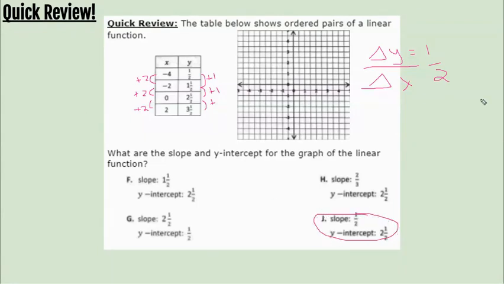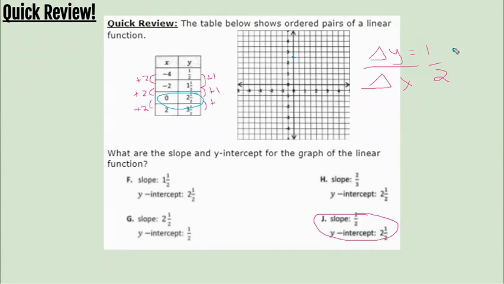But if you look, our y-intercept is always when x is at 0. So I know my y-intercept is going to be 2.5. It's going to be right here, and I know my slope is going to be 1/2.